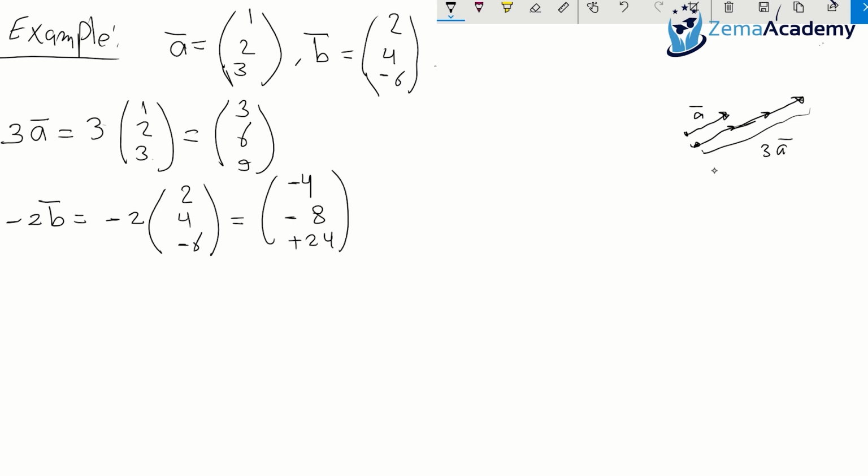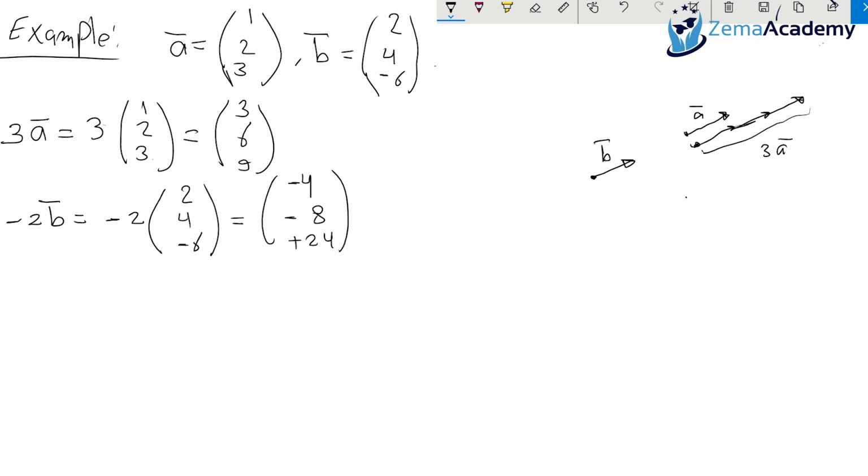What that means is minus 2B. If you have a vector B, first of all, the minus means that the direction changes with the same magnitude.